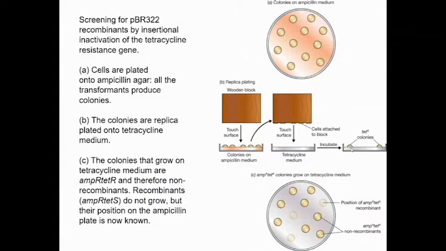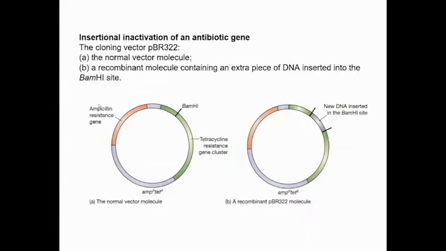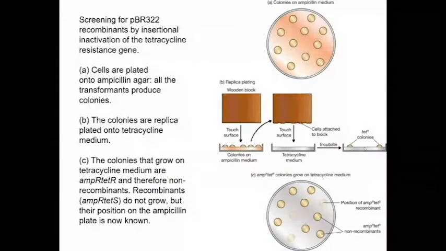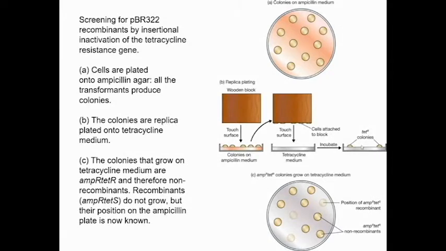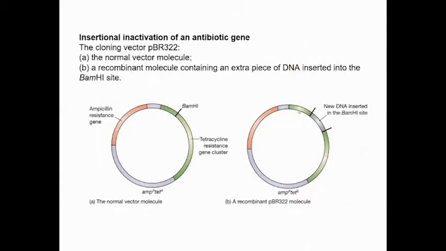So you will see the colonies here, and these are tetracycline resistant colonies, which means they carry the original vector. The colonies that disappear on the tetracycline are the bacteria carrying the recombinant vector.